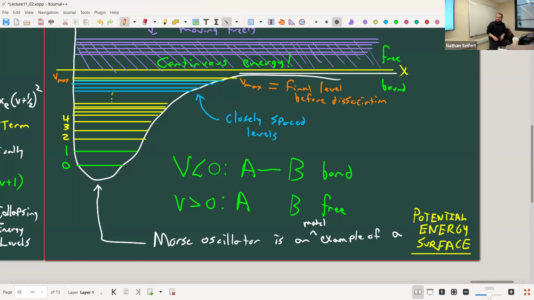All it does is tell you what the potential energy of your bond is, what the characteristics of your bond are, as a function of its position. That's all a potential energy surface is. It tells you something about the energy of the system given the positions of the atoms.